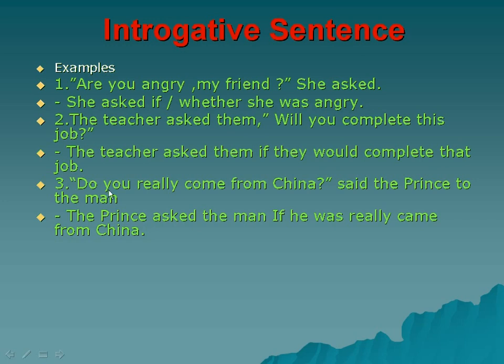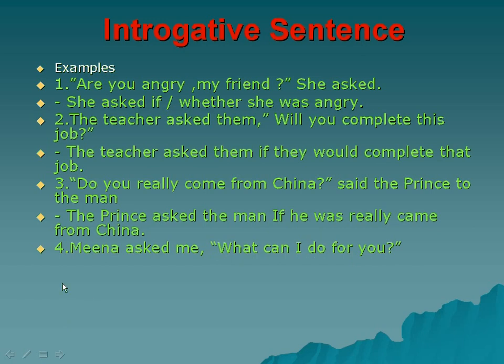If there is do at the initial part of the sentence, then we have to take the second form of the main verb after the subject. See once again: the prince asked the man if he really came from China. In this way we can make it in indirect speech.